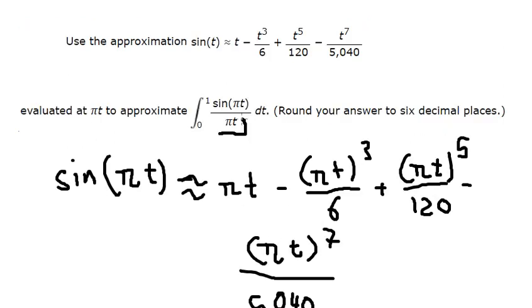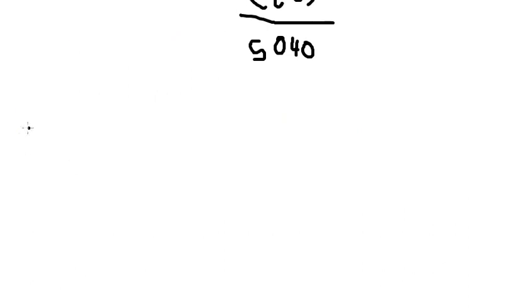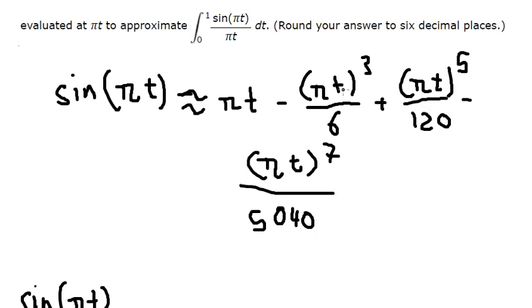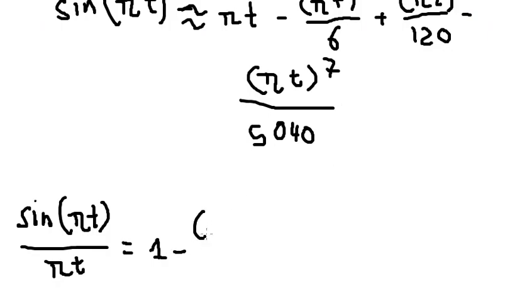The next one, we need to divide by bt. So this one we have number 1. This one we have bt everything to the power of 2 over 6, because we divide both sides by bt.